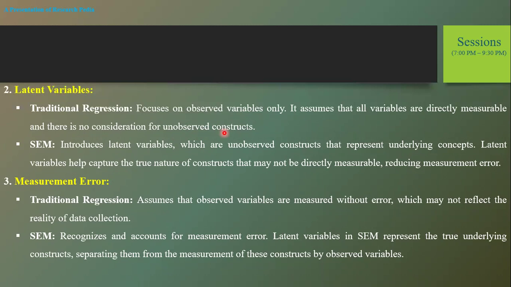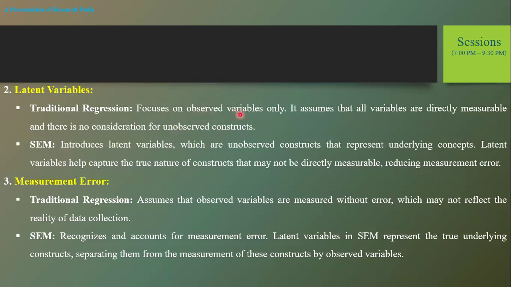If we have a dependent variable and we have a lot of independent variables, should we use the SEM analysis, or should we go towards the regression analysis? So if there are unobserved constructs or unobserved variables, whether it is dependent or whether it is independent, if they are not measured, and you need to measure them indirectly, then you need to go towards the SEM.